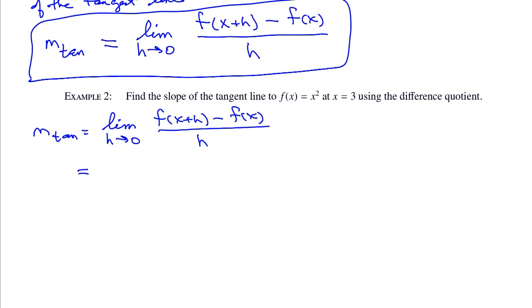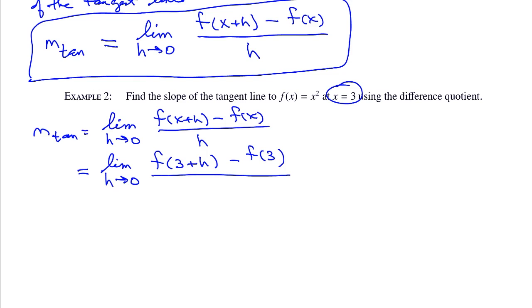The first thing we're going to substitute is the known value for x. The x is equal to 3 in this one. So where there is an x, I'm going to plug in 3. So this is 3 plus h minus f of 3 here over h.